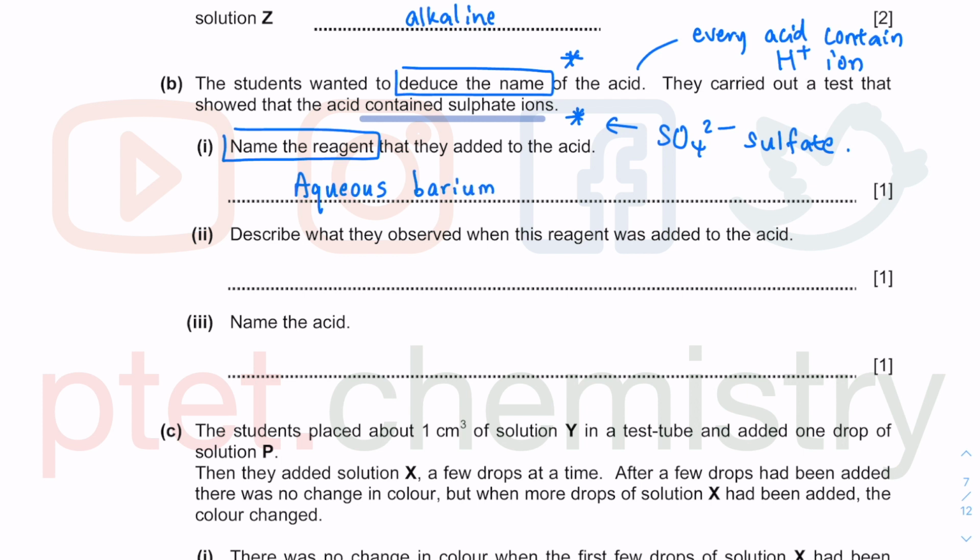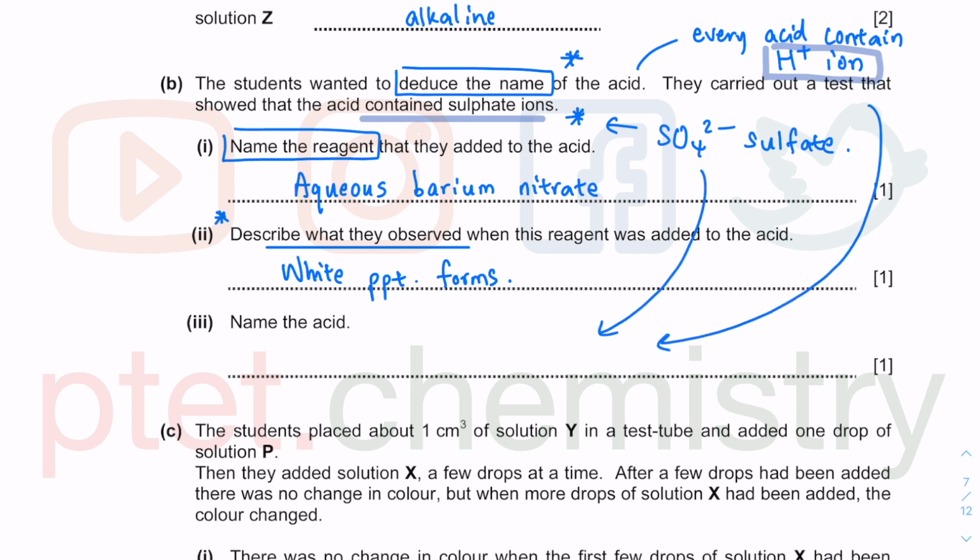It's not the nitric acid that makes you precipitate out. It's the aqueous barium nitrate that eventually gives you the white precipitate. So describe what they observe. From the table earlier, you get a white precipitate. So white ppt forms.